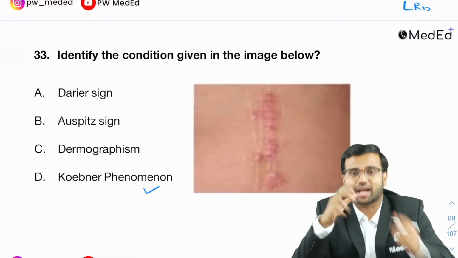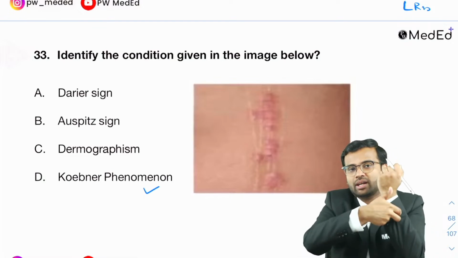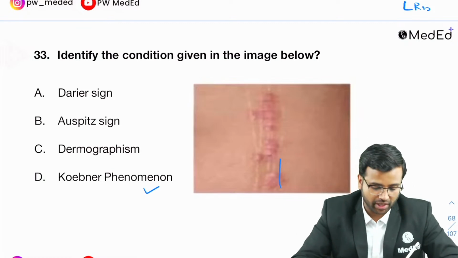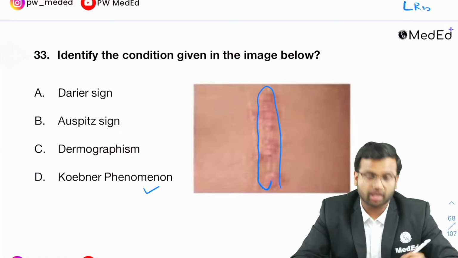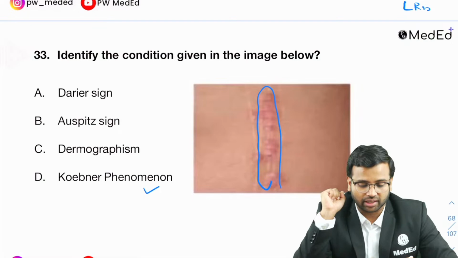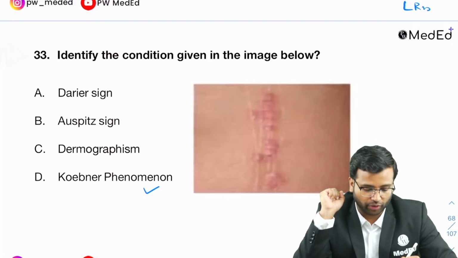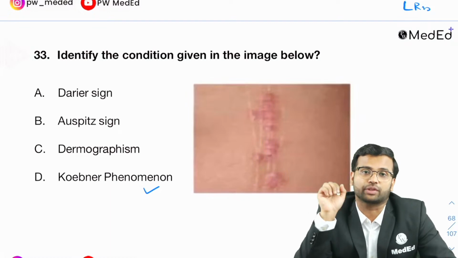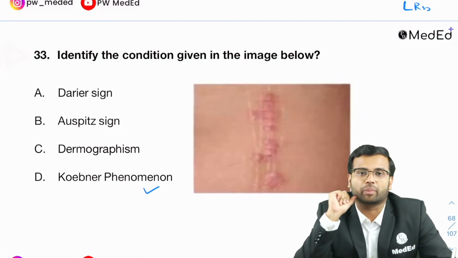When the patient has scratched his own skin, this is considered to be trauma, correct? After scratching, the patient has developed these lesions wherever he has scratched over the skin. This kind of phenomenon, where you find new skin lesions at the site of trauma, is called Koebner's phenomenon.